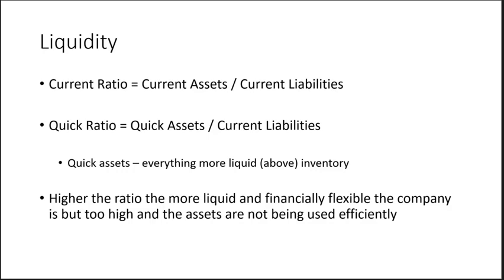They're sitting around with extra cash, extra current assets that they are not utilizing as well as they could. So you want them to convert some of those assets into more effective assets like equipment and buildings and things like that.